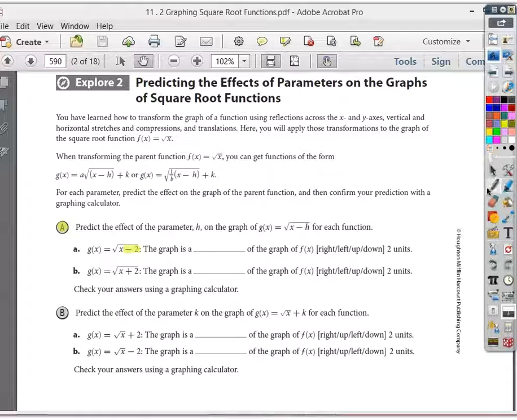I want to take a moment to review a little bit. The function that we last talked about was the rational function. The parent rational function is 1 divided by x.